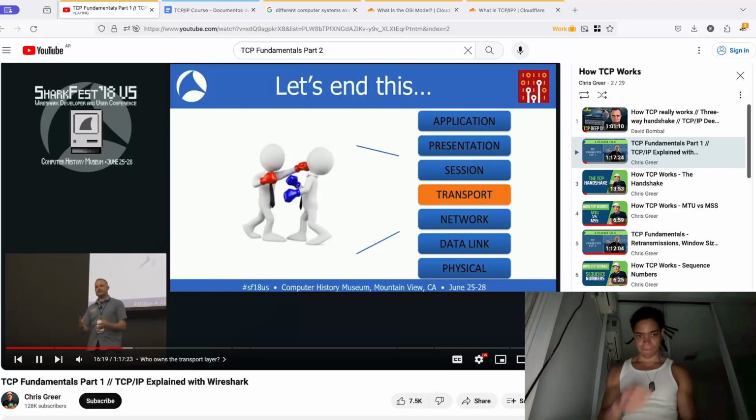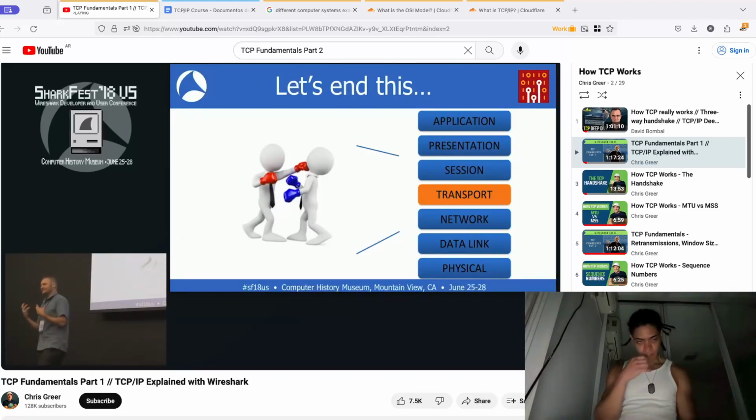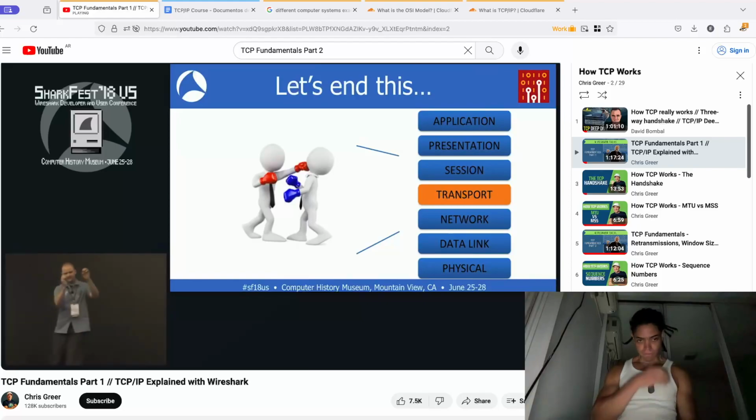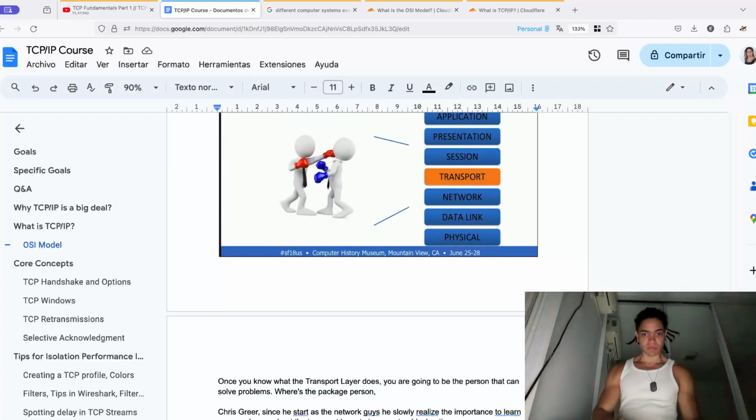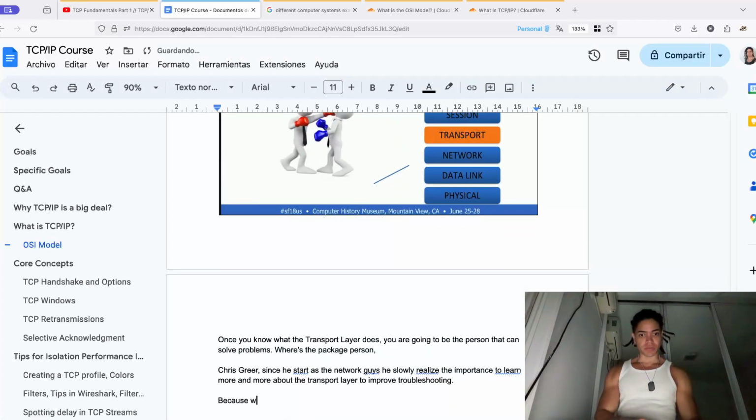I started getting deeper and deeper into this protocol because that's what I saw. It's like I go into an environment, you got the Microsoft guys, you have the app server people over here, you have the server guy, and a lot of them are guys.